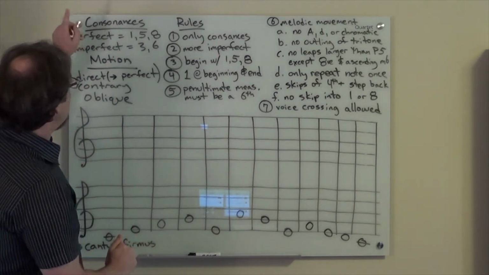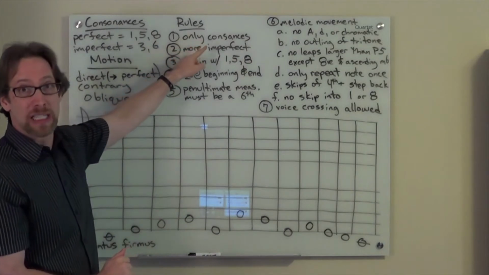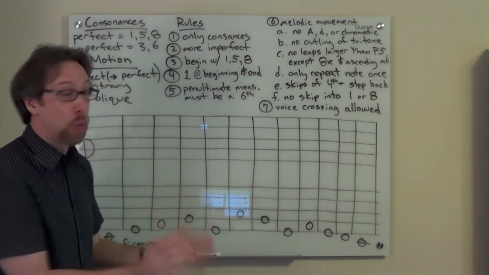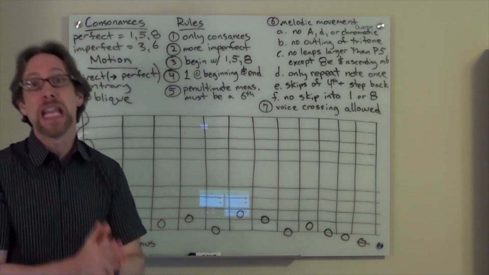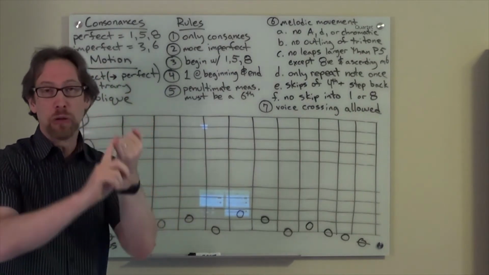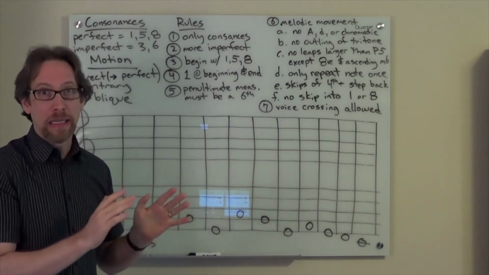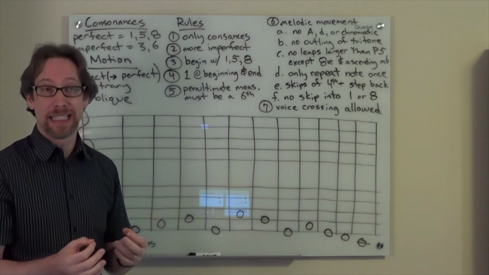To that end, in note against note, first species, you're only going to use consonances. We only use consonances. So let's review what consonances are. Well, there are perfect consonances and imperfect consonances. A perfect consonance is your unison, 1, your 5th, and your octave, or the 8. Your imperfect consonances are your 3rds and 6ths.